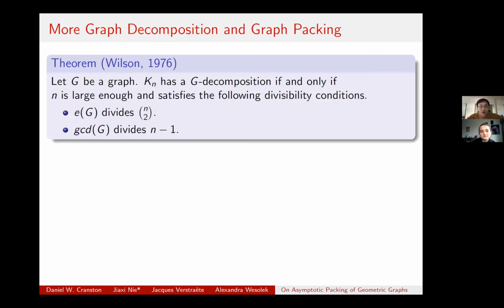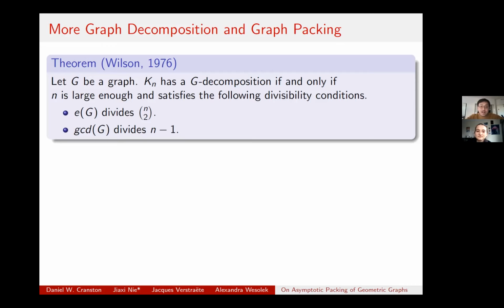Graph decomposition problems for any fixed graph G are basically solved by Wilson, who proved that if we have a fixed graph G and n is large enough, then Kn has a G-decomposition if and only if it satisfies the following divisibility conditions. The first condition is that the number of edges in G must divide n choose 2, which is the number of edges in Kn.